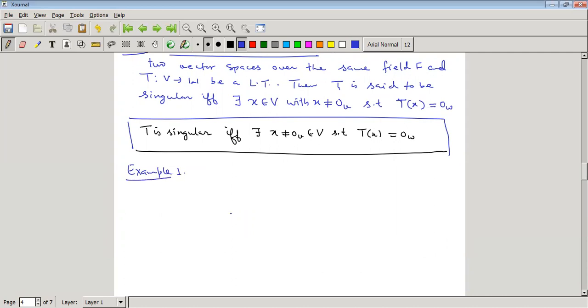Example 1. Show that the linear transformation T from R2 to R defined by T of x comma y is equal to x is onto but not one-one.